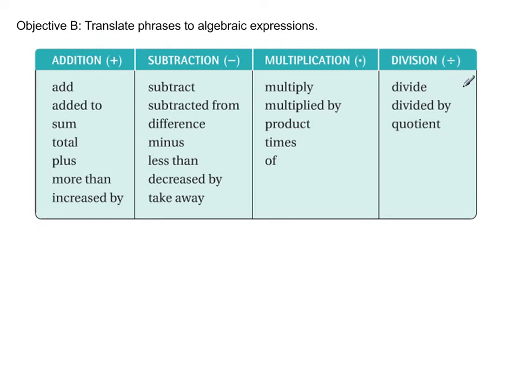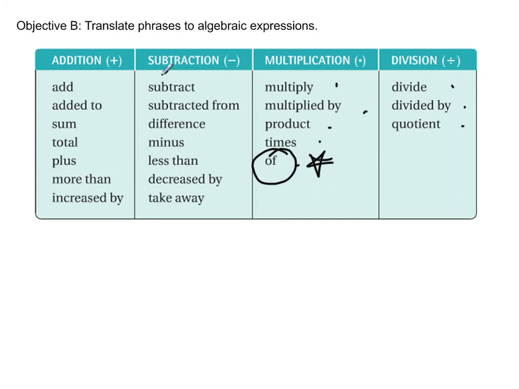Probably the nicest one is division, because they have only three of them, and they're very nice words. Division can be divide, divided by, and quotient. Multiplication is also very nice: multiply, multiply by, product, times, and of. Of is the big one to keep track of.